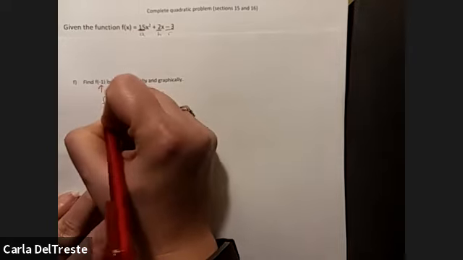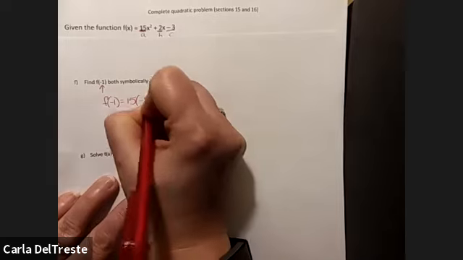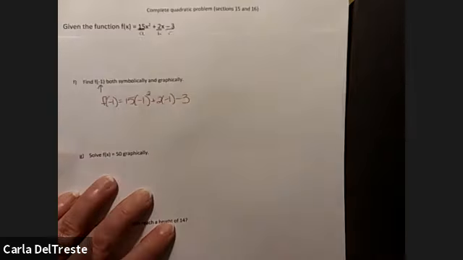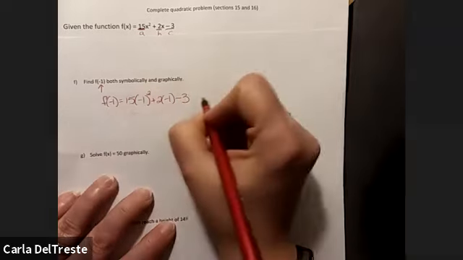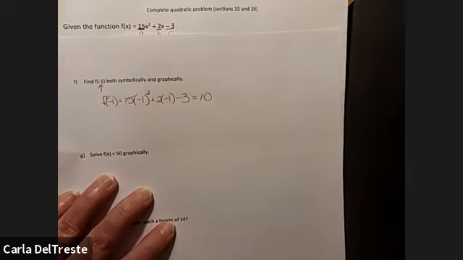So if I want to find f of negative 1, that means everywhere there's an x, I'm going to plug in negative 1. And I can put this on the calculator. And I wind up with 10. So f of negative 1 equals 10.